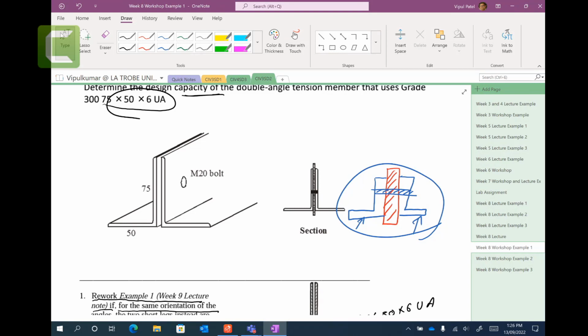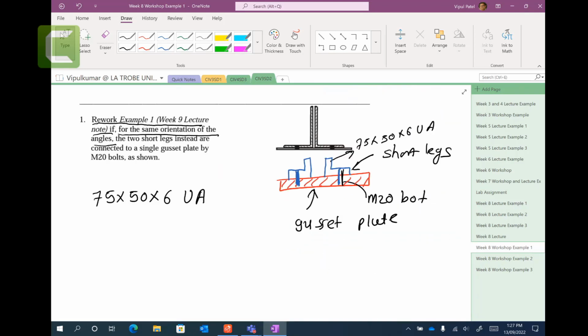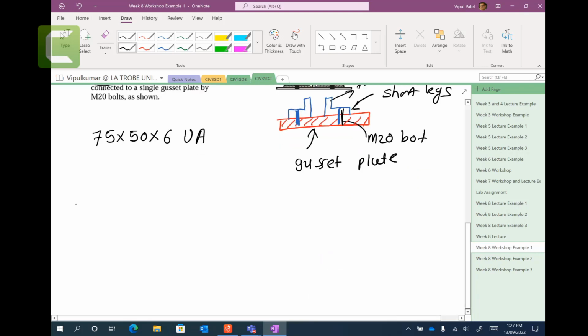That is maybe true, but the standards do not say specifically that when you have a hole, you just need to do the fracture check. We need to do both checks. Okay, so for the completeness of the exam, let's do both checks. So there are two options. One is yielding. Second option is fracture.